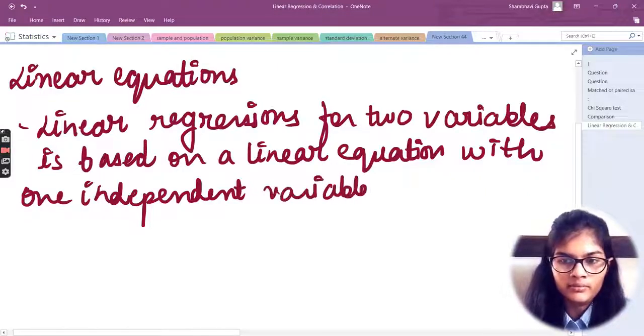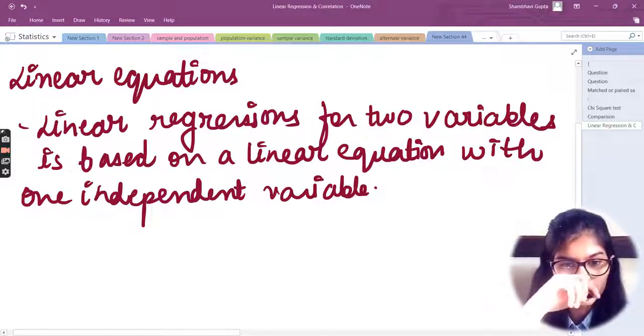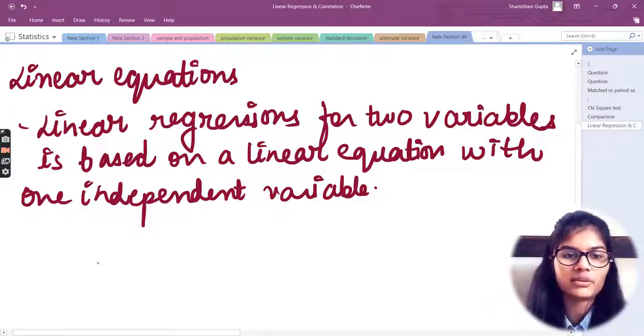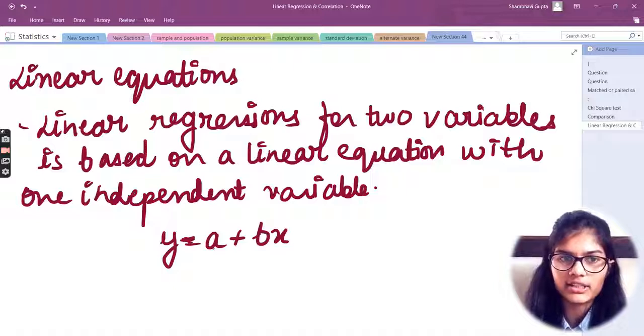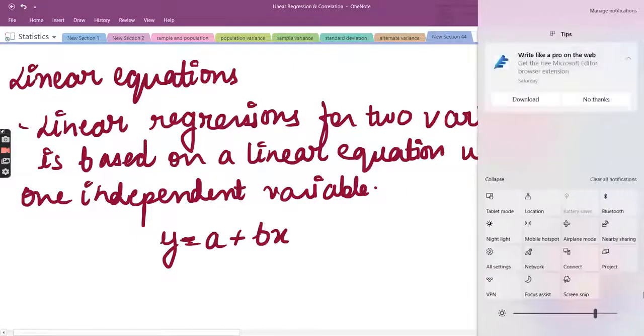The form that we have here for linear equations is y is equal to a plus bx. Hope many of you are familiar with this form as well, because we get these things in our younger classes. We have already studied these things in our younger classes. So this is about linear equations, the linear regression for two variables.